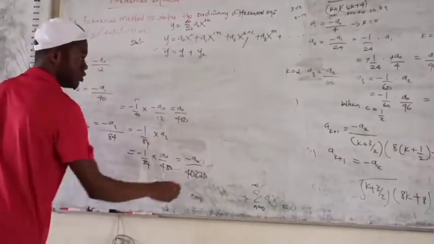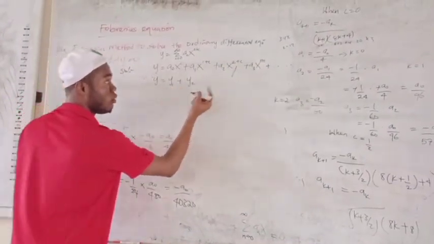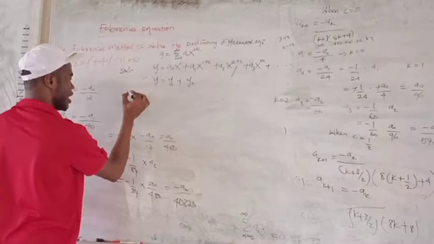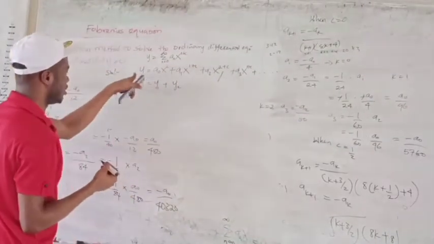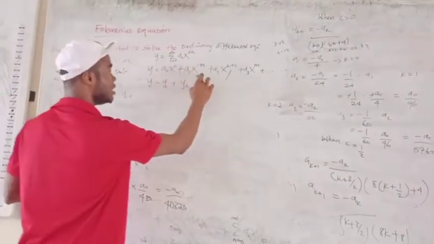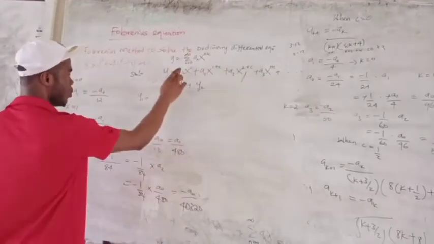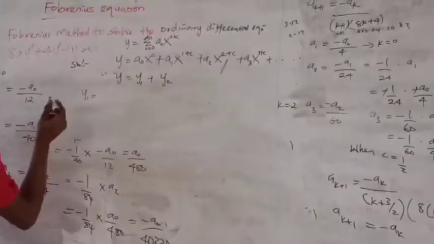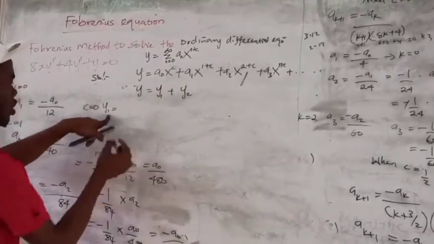For the y1, which is for when c is equal to 0, let y1 be c equals 0. So let's form the series. You form each series from here, either your y1 or your y2, depending on the value of your c. So this is when I'm trying to form the series from when c is equal to 0.